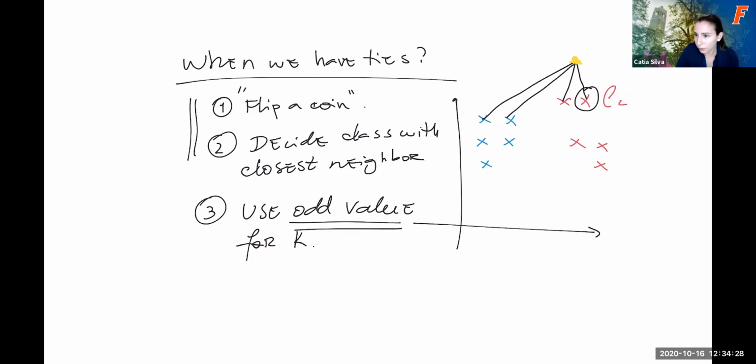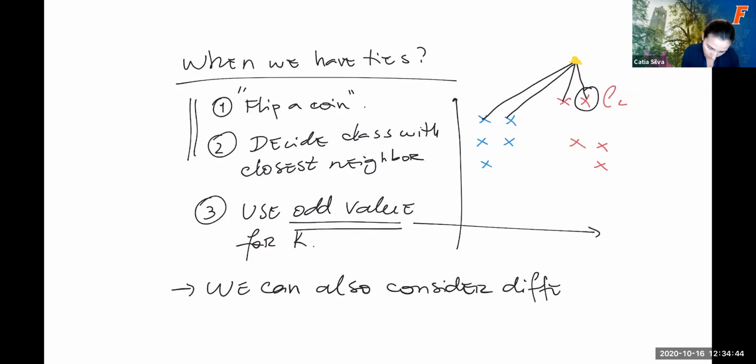And so that's going to change your decision. Okay, so we can also consider different distance metrics, and that decision is going to depend on the problem, on the application itself.